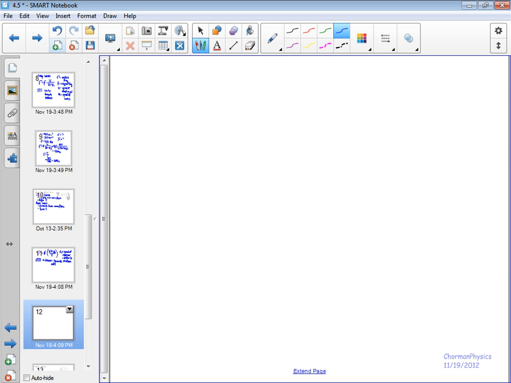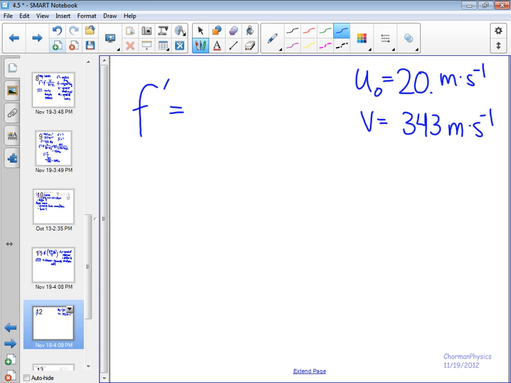The little practice problem that is there, we're going to calculate the shifted frequency for that situation. This is a security alarm going off, and you're walking as you drive towards the car. What is the frequency you perceive if you are moving towards it at this speed? The speed of sound is this much, and the original frequency is this much.